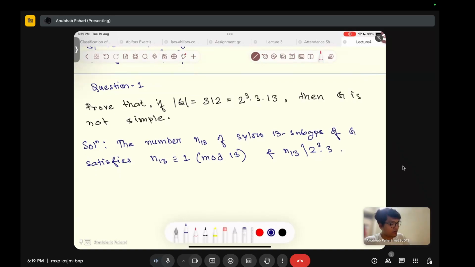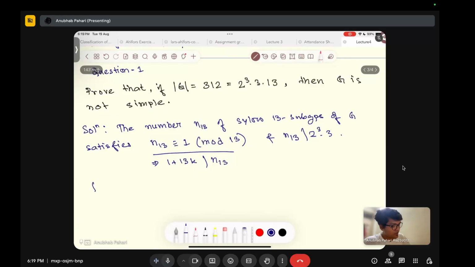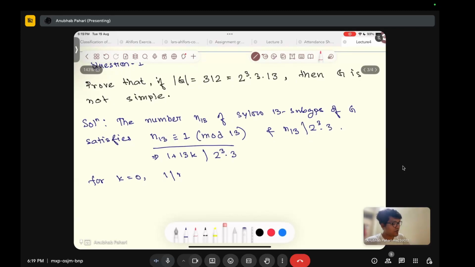But you see that now this implies 1 plus 13k should divide n13. For k equals 0, 1 divides 2 cubed times 3, that is 24.